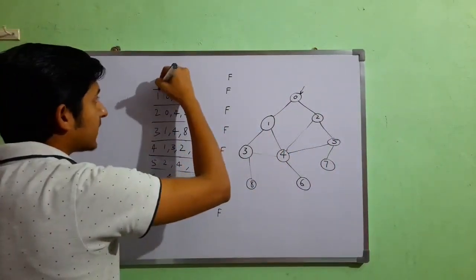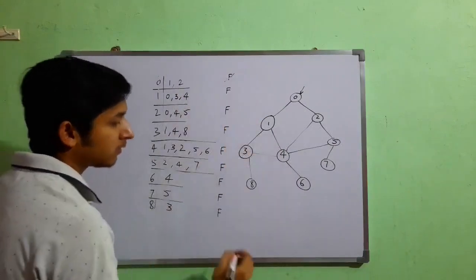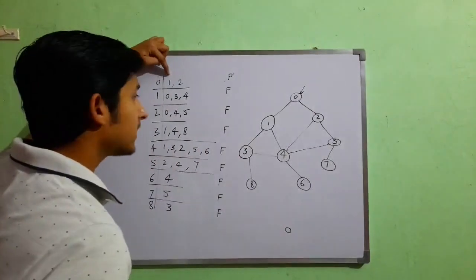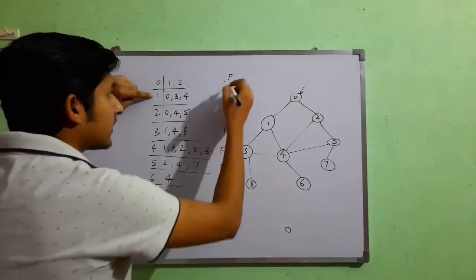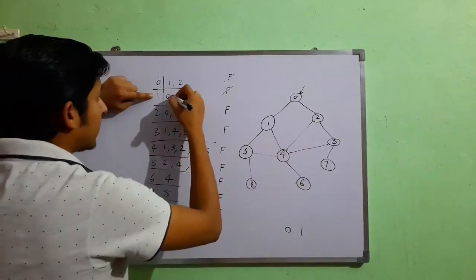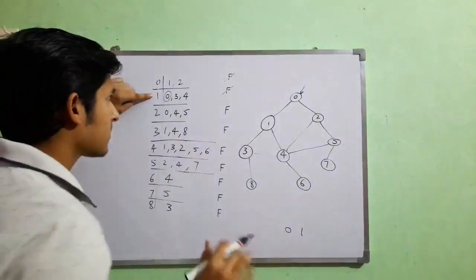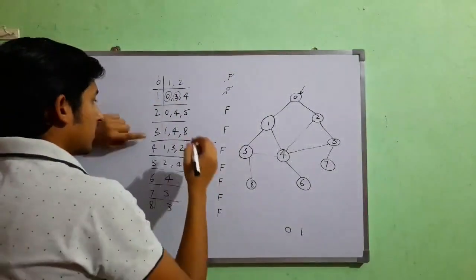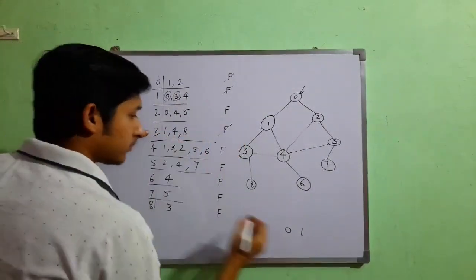Now I'll start from this node and look for the first child. So I visited this and printed this. Now the first child is 1, so I visited this. First child is 0, that's visited. 3 not visited.